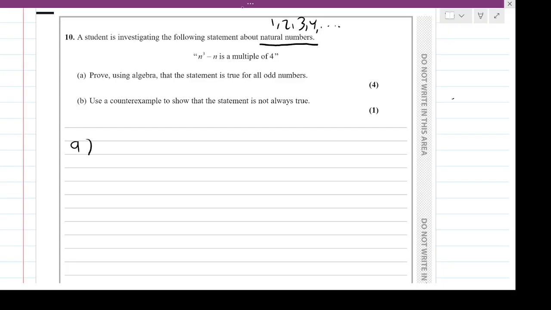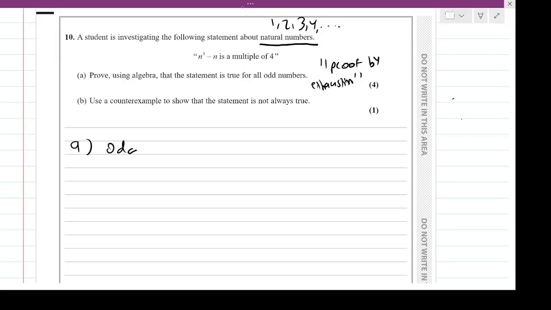Part A says prove using algebra that the statement is true for all odd numbers. So this is a standard proof by exhaustion, where we split up into odds and evens. Here we just want to find what the odd numbers go to.